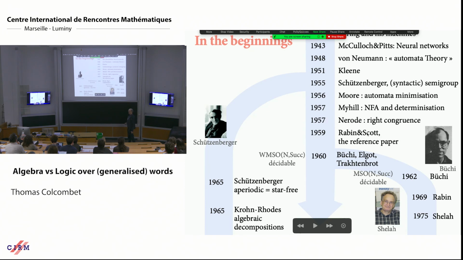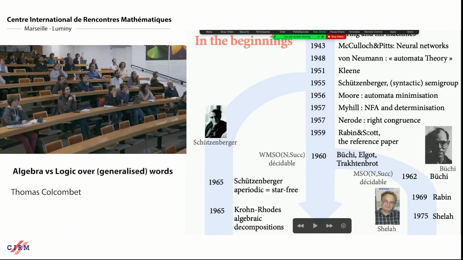Von Neumann, I learned, coined the term automata theory. All this I've just taken from a survey of Dominique Perrin, which is very nice, but in French. But I discovered a lot of things. So you have this famous result of Kleene, expressing the equivalence between rational expressions and automata.